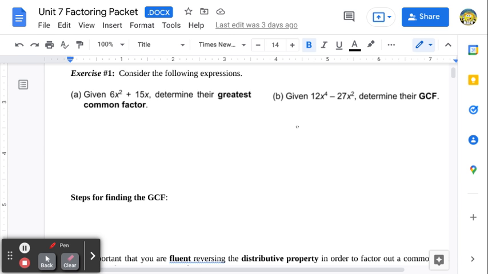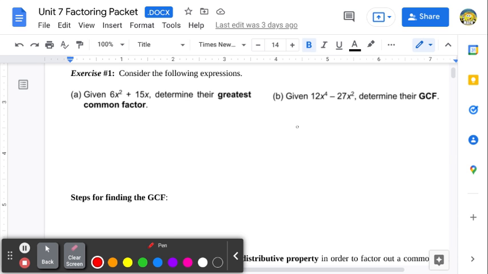I'm going to use factor trees for this one. First I'm going to write down my terms, 6x squared and 15x, over here, giving myself a little bit of room. The way we make factor trees, it's more like scrap work.